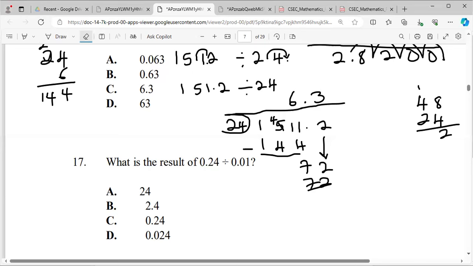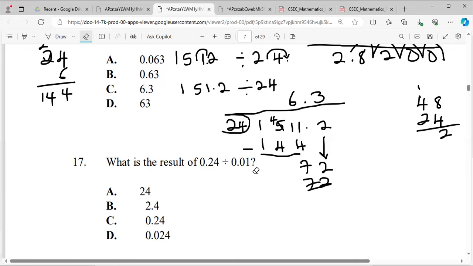So to me, it's just like 24 divided by 1. Good. But tell them how you get it. 24 divided by 1. So I got 24 divided by 1 because I removed the decimal points to make the division easier. I don't like the term remove.